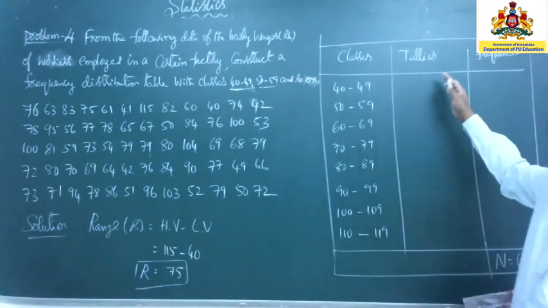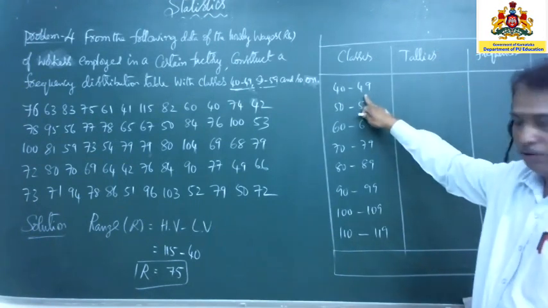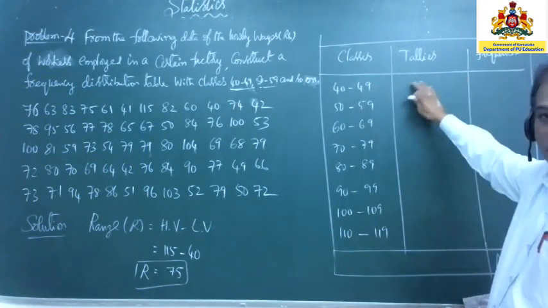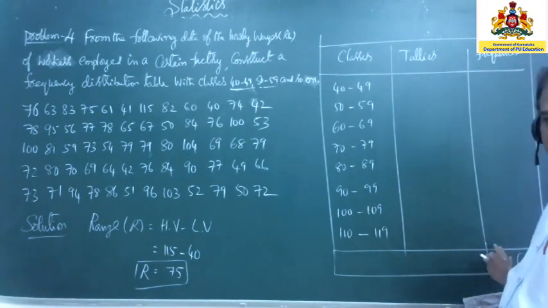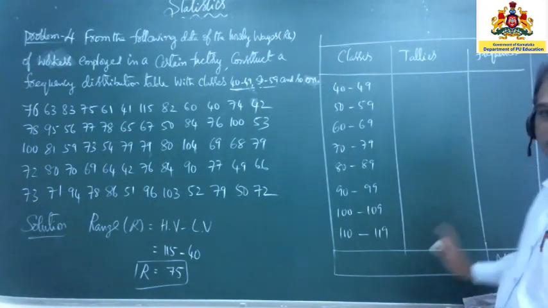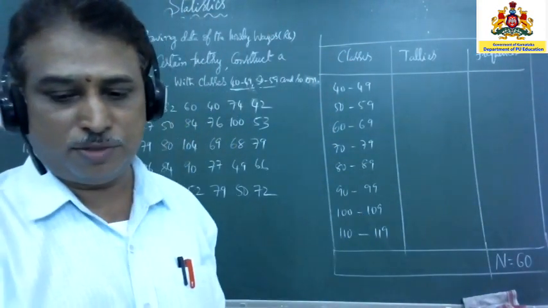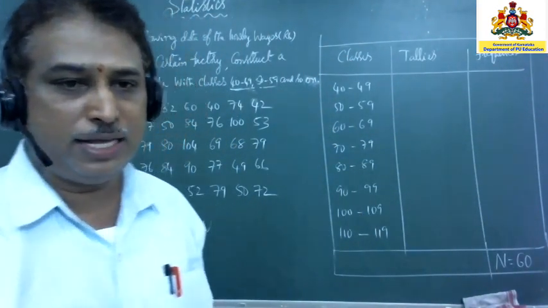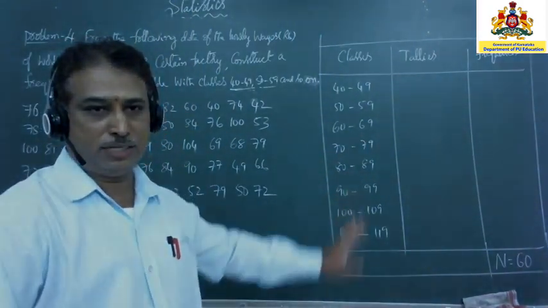Now you have to put the tallies on your own. Here the upper limit is included. Count the tallies and write them as frequencies. Total, you have to get 60. That is the total frequency, so the sum of the frequencies is nothing but capital N. Okay, that you practice. That is the fourth sum.